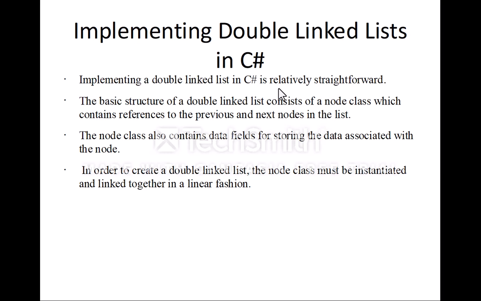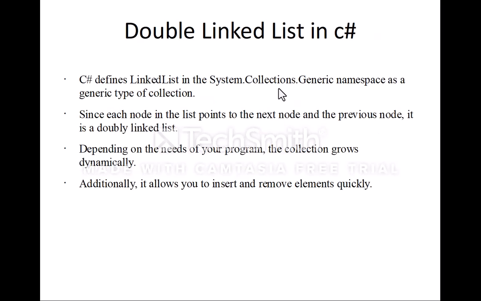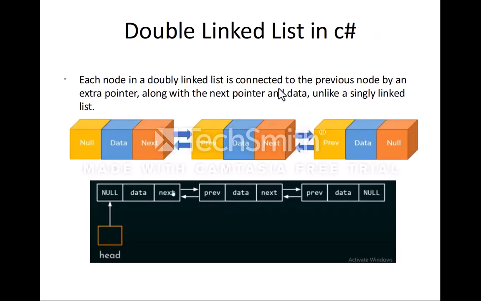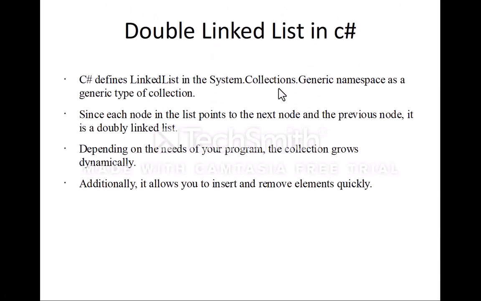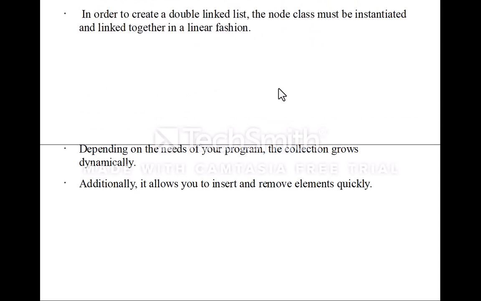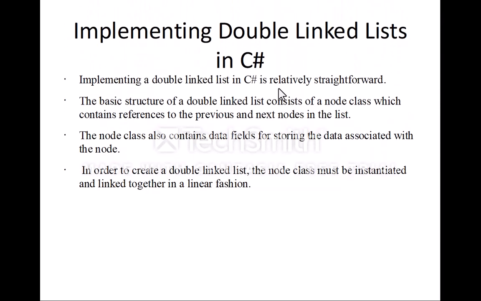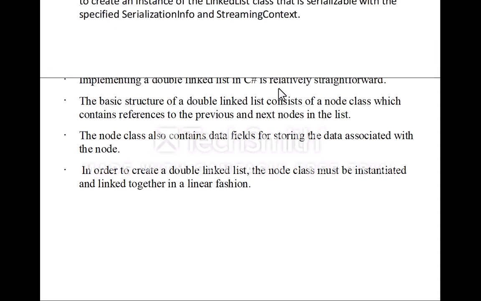In order to create a doubly linked list, the node class must be instantiated and linked together in a linear fashion. If you remember the image of a doubly linked list where each node is connected to each other in a linear fashion, then to perform this linking, you need to instantiate each node of the node class.